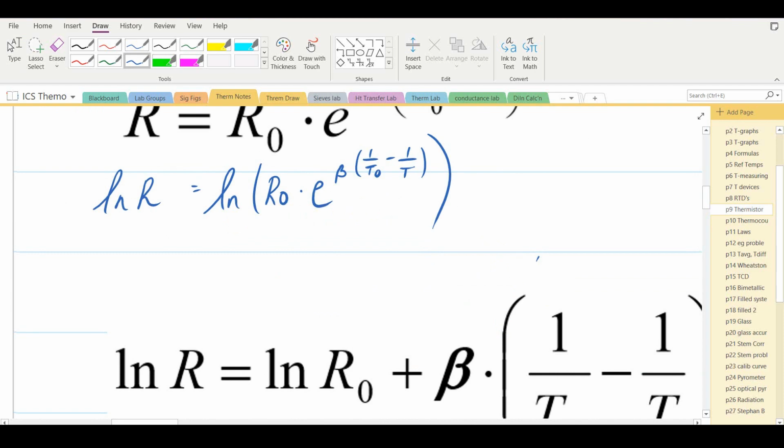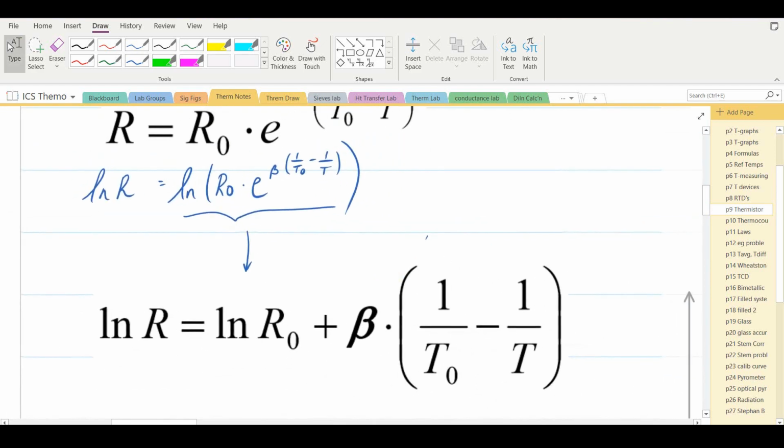So I can write this as I have below here. The ln of this term on the right can be written as ln of R sub 0 plus the ln of e to the x. Now, the ln of e to the x is simply x, so this term simply becomes our term here. Right?